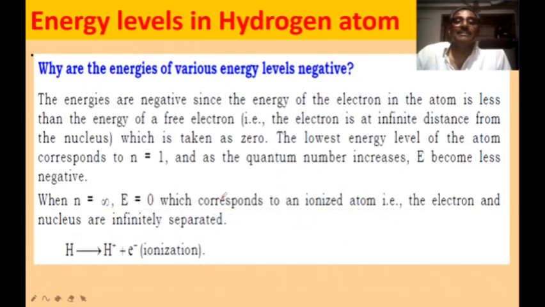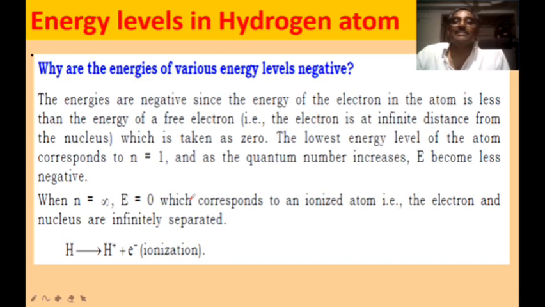We observed that all these energy values are negative values. Why are these energy values negative? As the electron is under the influence of the nucleus. If the electron is out of the influence of the nucleus, its energy will be 0. When the electron is just knocked out from the atom, that is, completely comes out from the influence of the nucleus, then its energy will be 0.